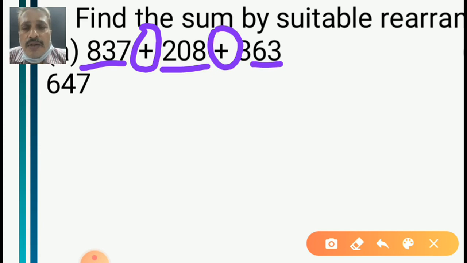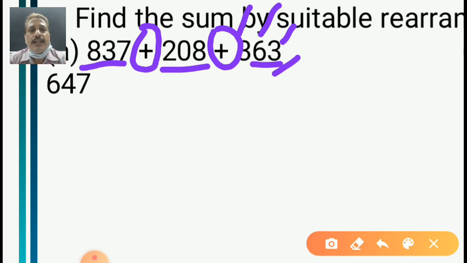But before starting answer number 1, let's check these 3 numbers. Once again I read out 837, 208 and 363. Yes, students, you are right. These all numbers have 3 digits: ones, tens, hundreds. Now look at the ones digits of all numbers.